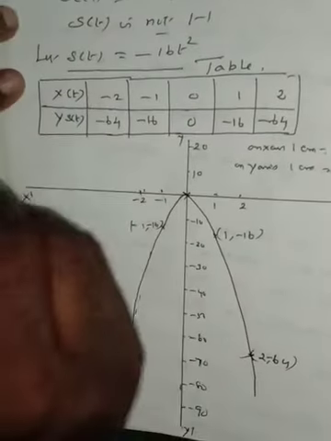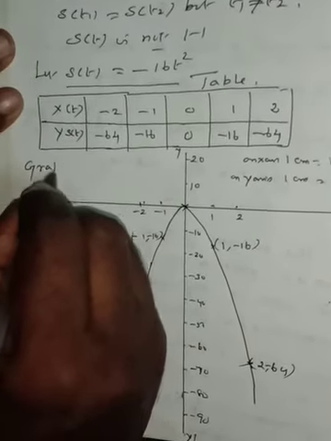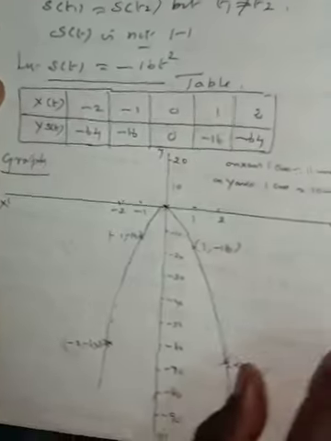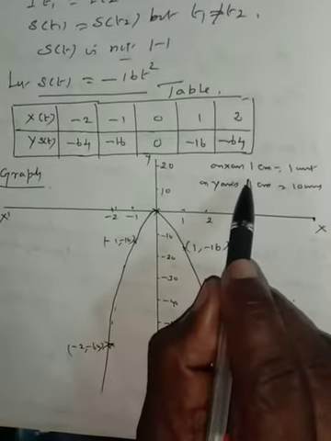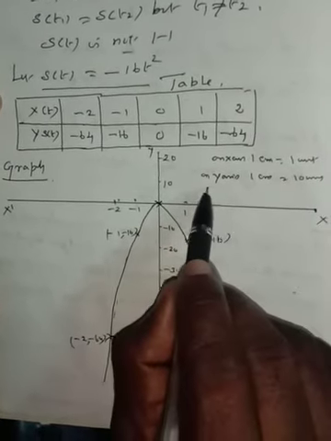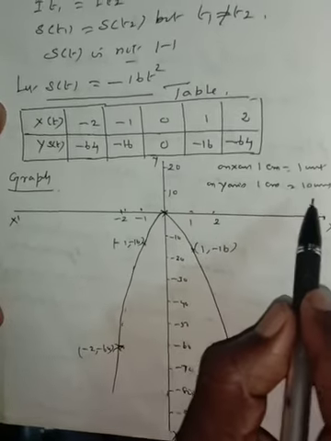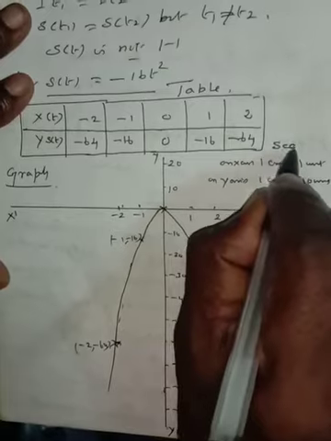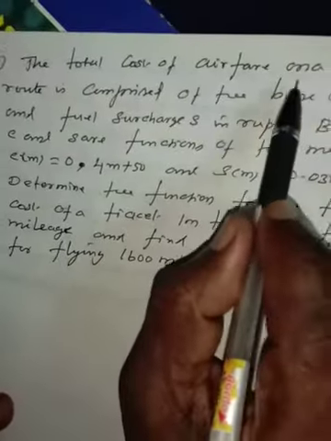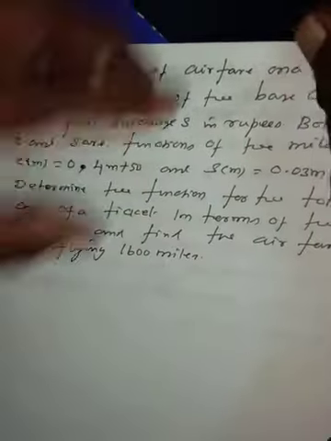This is the graph. Scale is important. On the x-axis 1 cm is equal to 1 unit, on the y-axis 1 cm is equal to 10 units. Like that.